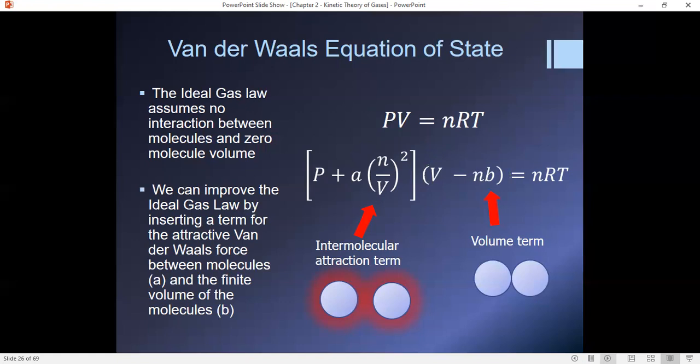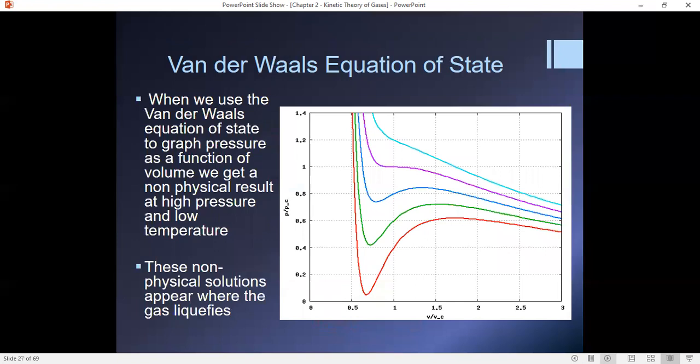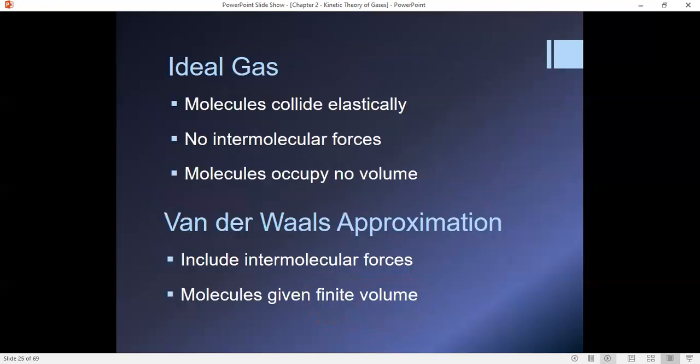In fact, when we graph the equation, we can see that it produces some interesting results. Now, for the van der Waals equation, when we graph pressure as a function of volume, really we should go back and talk about the ideal gas law.